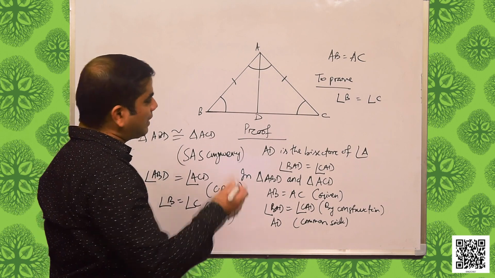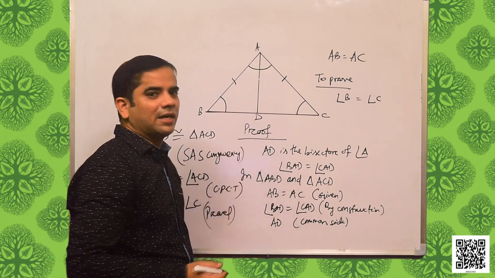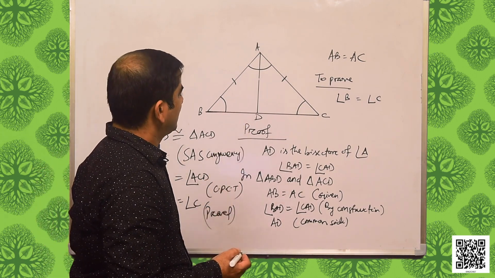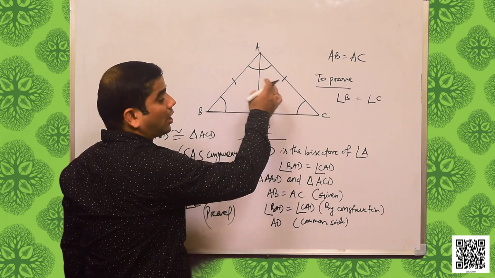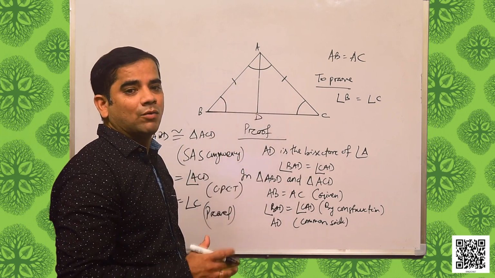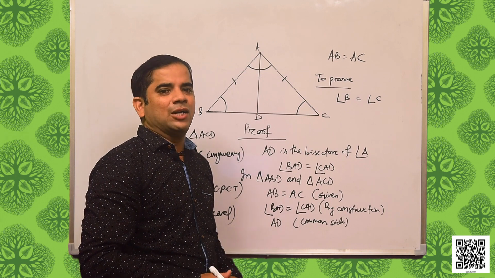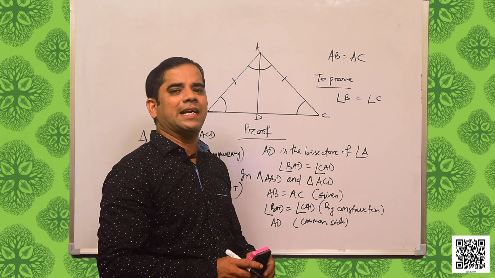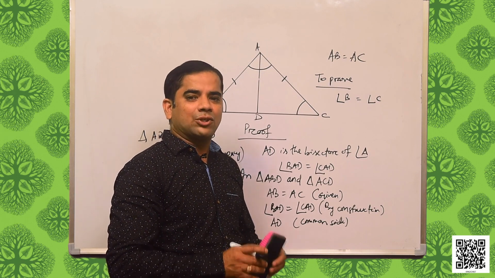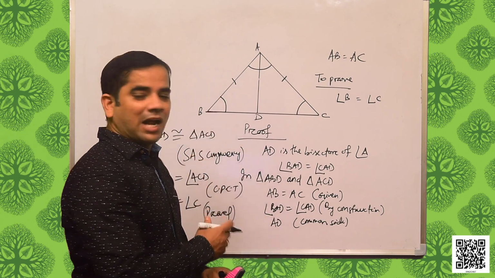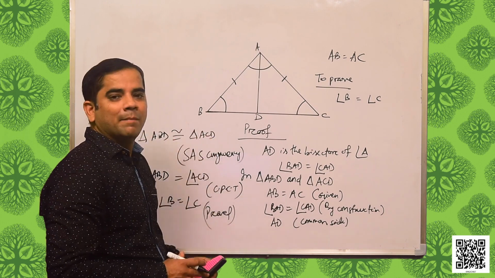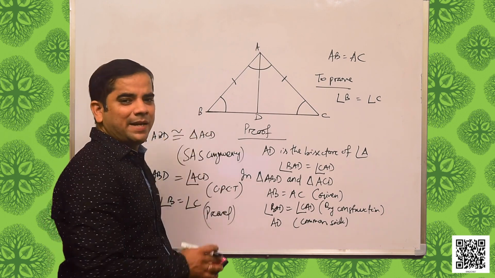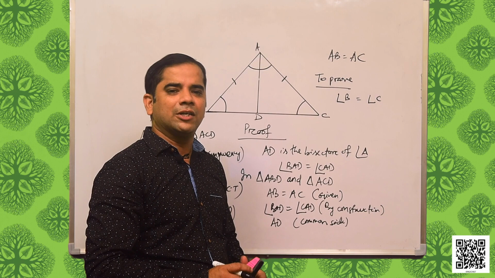So, what we come to know is that in case of an isosceles triangle, the angles opposite to the equal sides are also equal to each other. So, what does Theorem 7.2 say? Angles opposite to equal sides of an isosceles triangle are equal. Now, we have proved it by the triangle ABC. Hope you have understood.